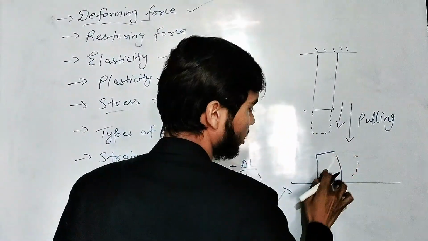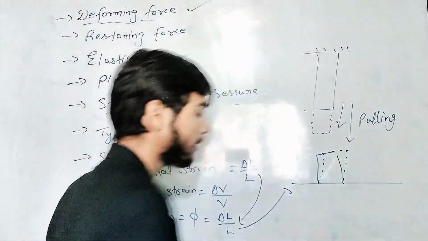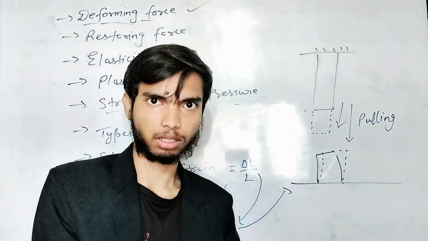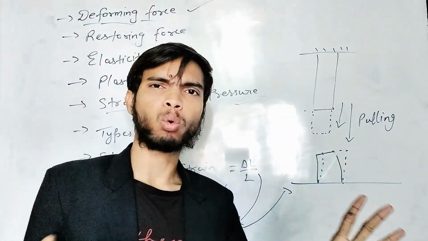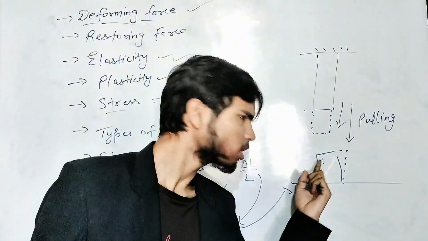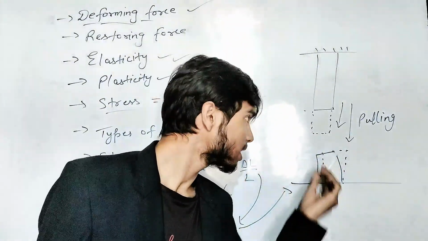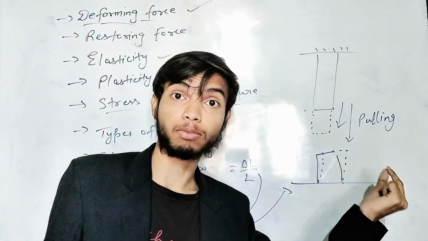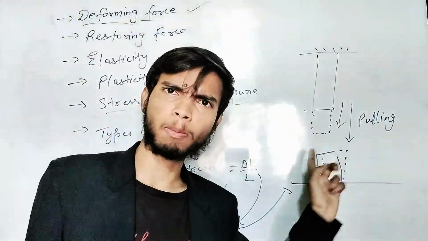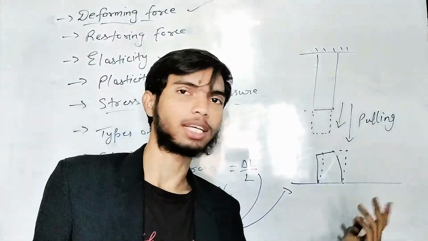You will see that the bottom part of this body is fixed to the surface of the earth, but there is no attachment of anything with the top part of this body. When the tangent force was applied, just the top part of this body has displaced, because it is not fixed.